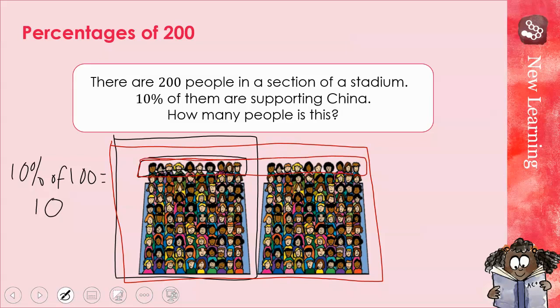Because I need to take 10% of the whole set rather than just one set. So what is 10% of 200 going to be? How many people have I circled there? Of course, it's 20. So 10% of 200 is 20 people.